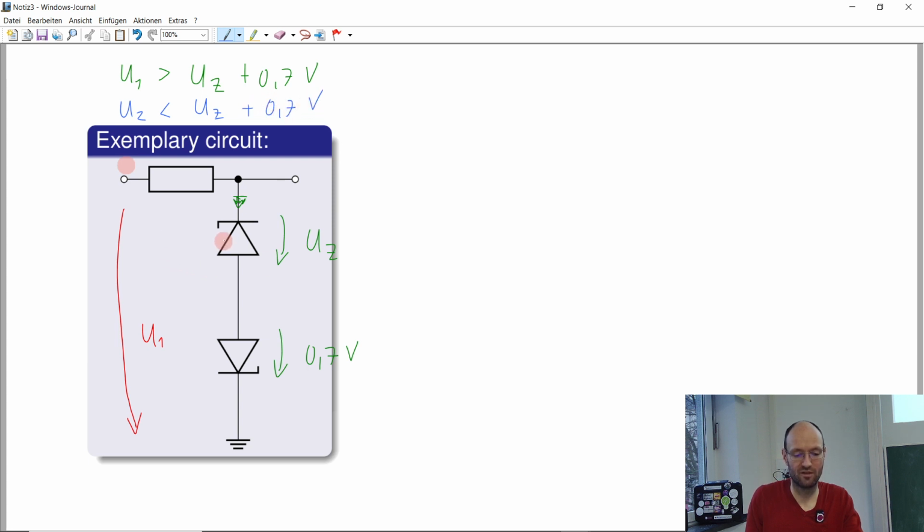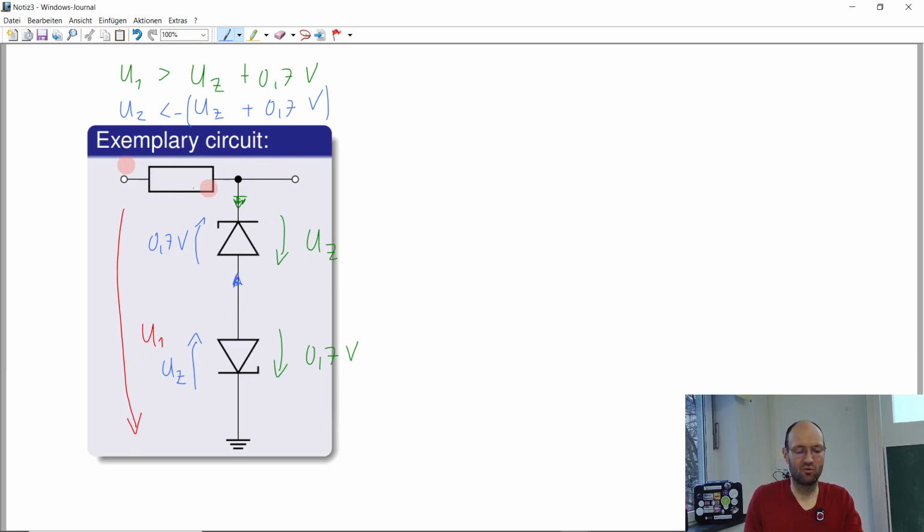If the input voltage has the same magnitude but in the opposite direction, then we will have the 0.7 volt here, because this diode will be conducting and current will go in this direction. The current will be fed from the ground node, and we will have the Zener voltage across this diode. I think we need to have some minus here to account for the direction.